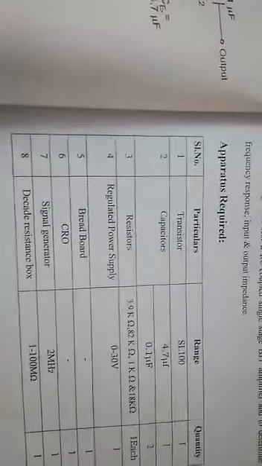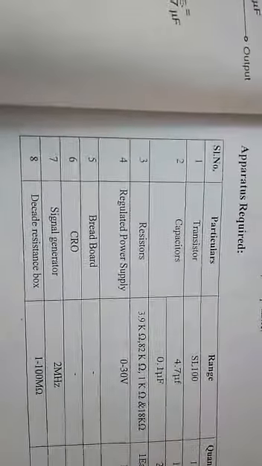These are the components we require for the connection of the RC coupled single stage BJT amplifier: transistor SL100, 4.7 microfarad capacitor, resistors 3.9K, 82K, 1K, 18K, regulated power supply 0 to 30 volts, breadboard, CRO, signal generator 2 megahertz, and decade resistance box, with a range from 1 to 100 megaohms.